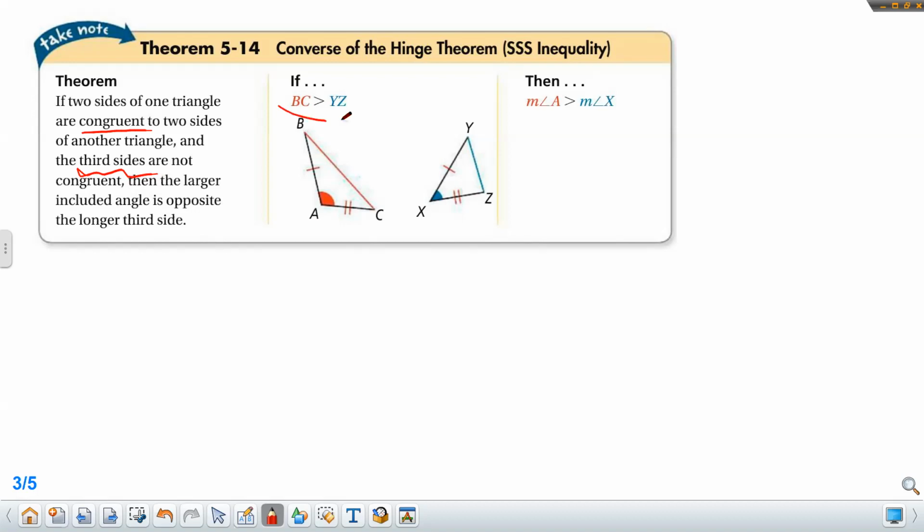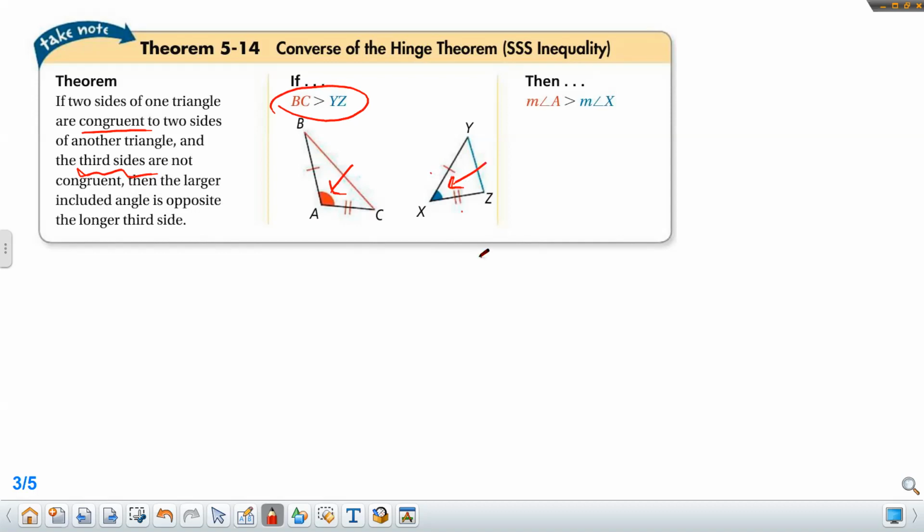It's a given, and each of AB and AC is congruent to XY and XZ. So we can say measure angle A is bigger than measure angle X. Why? Because angle A is opposite to the bigger side, but angle X is opposite to the smaller side.